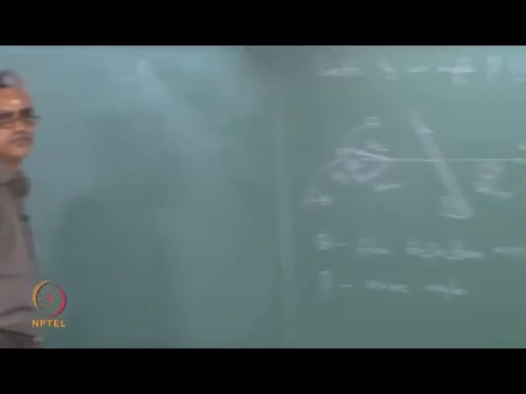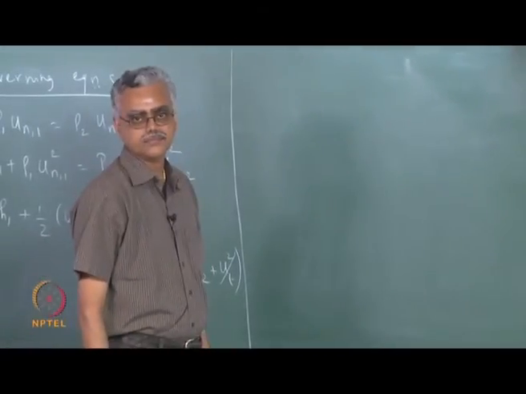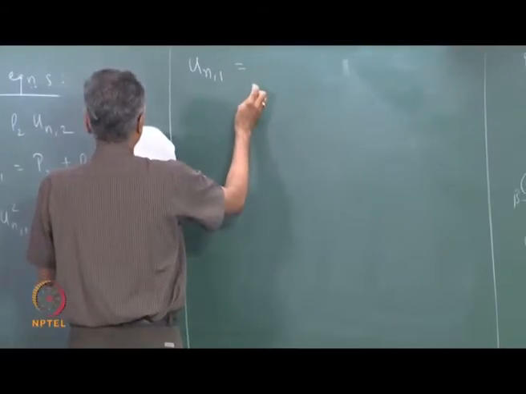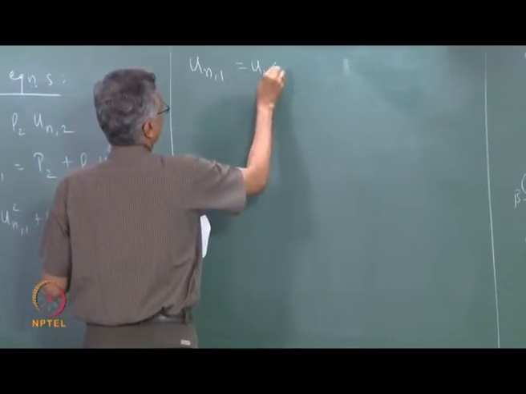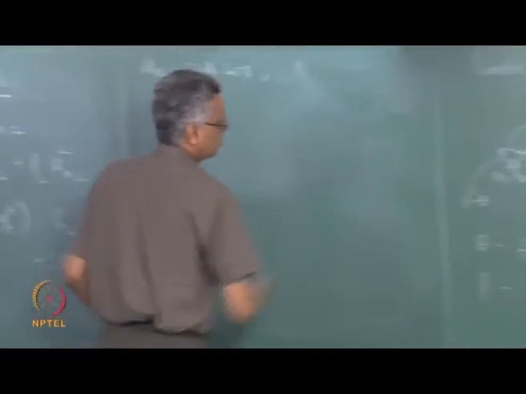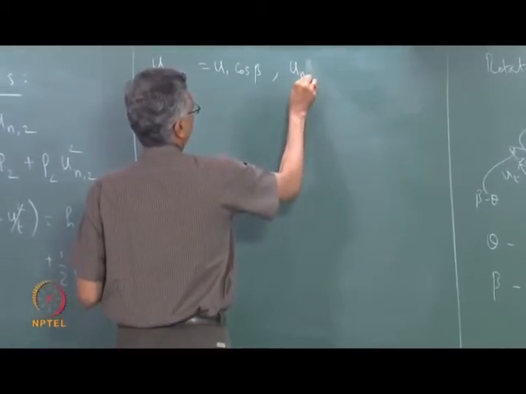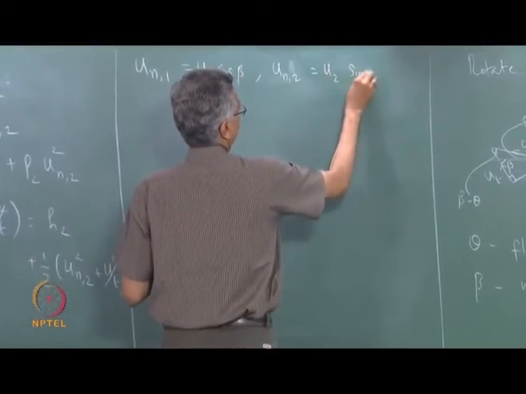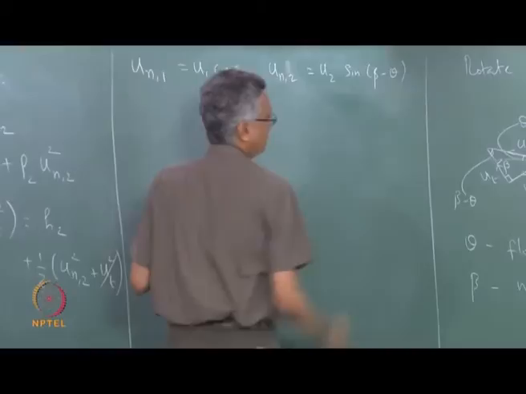Beta minus theta, right? So I am going to write down the following equations from this velocity triangle. Un1 is u1 cosine beta, and un2 is equal to u2 sine beta minus theta.